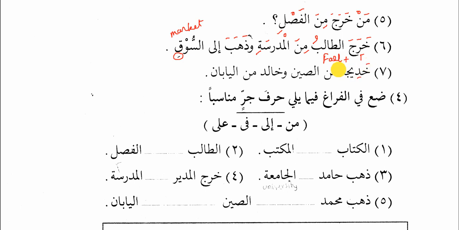Khadijatu, feminine name with single haraka dhamma. Mina as-Sini, with a kasra due to al. Wa Khalidun, male Arabic name. Minal Yabani, due to al, it is having a kasra. Question 4. Da means put.